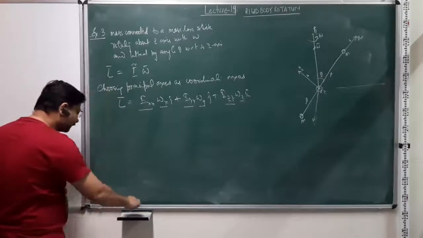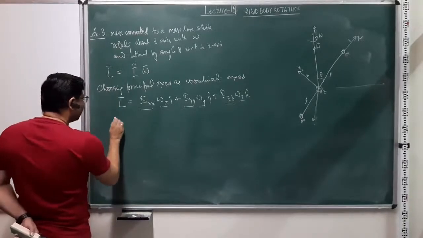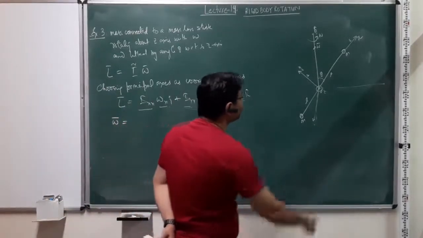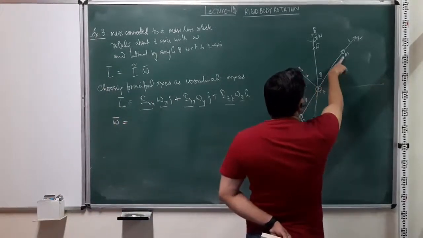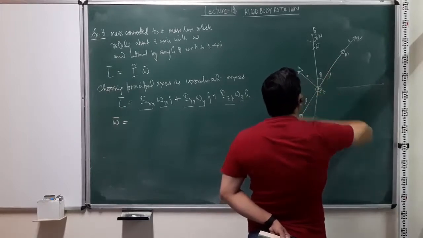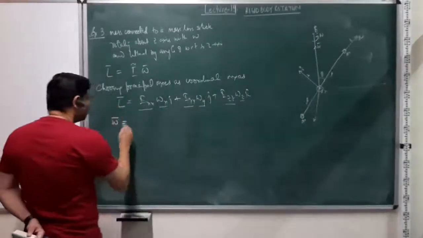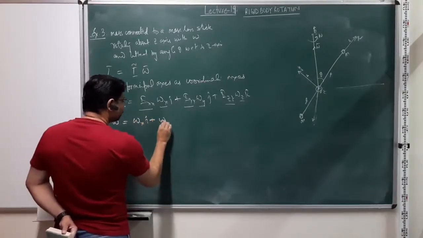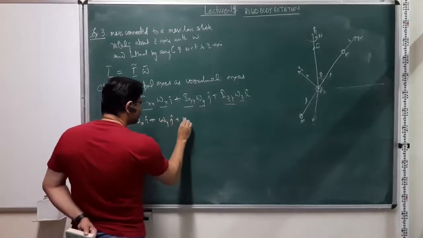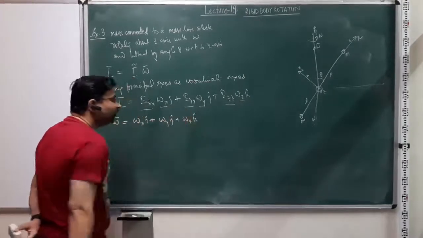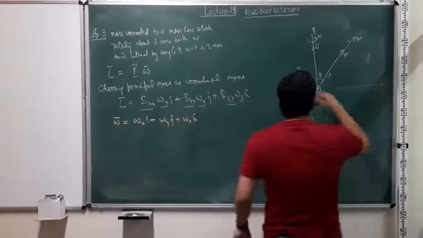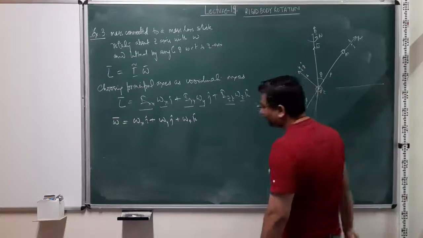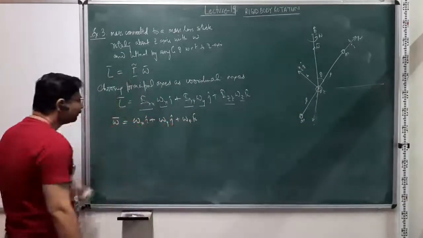Now for this system, omega is pointing in the n cap direction, which makes an angle theta with the x-axis, and 90 minus theta with the y-axis. So we can write omega as omega x i cap plus omega y j cap plus omega z k cap, where i cap, j cap are defined like this, and k cap is coming out of the plane of the board.